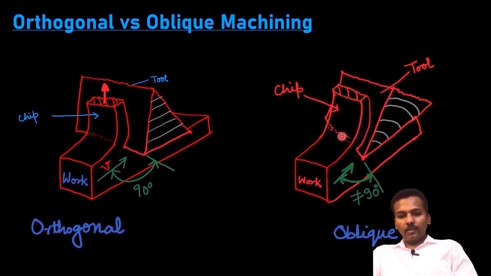Because of that, the chip particles and workpiece particles will not remain in a parallel plane, so it is not possible to represent it in 2D. It is a complex process because there are three forces in oblique machining.